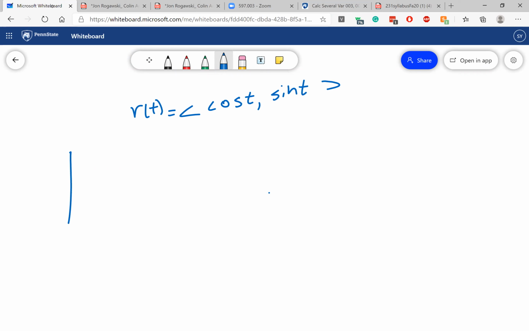Now this curve looks like a circle. Here's my x, here's my y, and here is my curve. Now, the magnitude of r of t is equal to 1, since cosine squared plus sine squared is 1.